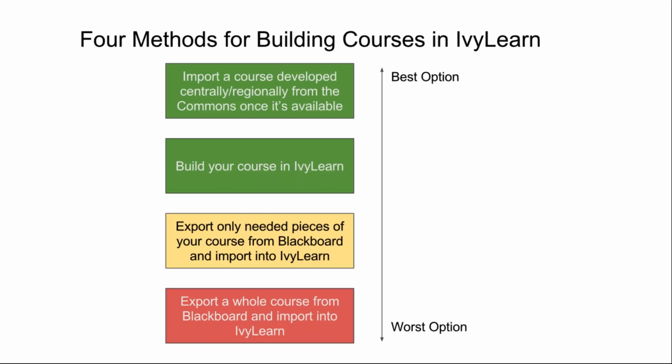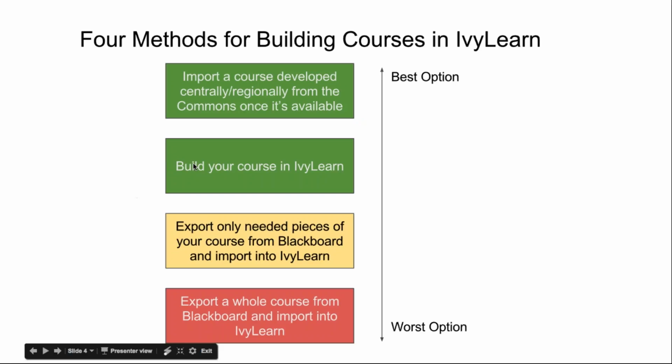As you know, when you take a course in Blackboard that has some weird wonky behavior, maybe the font sizes aren't all consistent, or it's just got some kind of weird problem, or for some reason that you don't understand it's 200 megabytes and you always have to work with your regional online technology folks or the ID staff to transition that course because it's huge from semester to semester, that's all going to come across if you just take the whole course in Blackboard and dump it into IvyLearn.